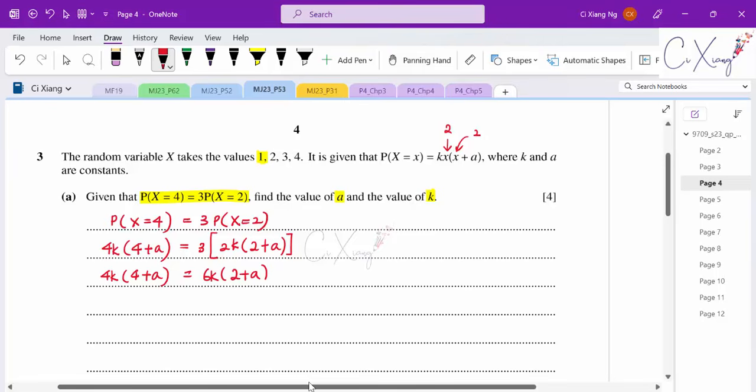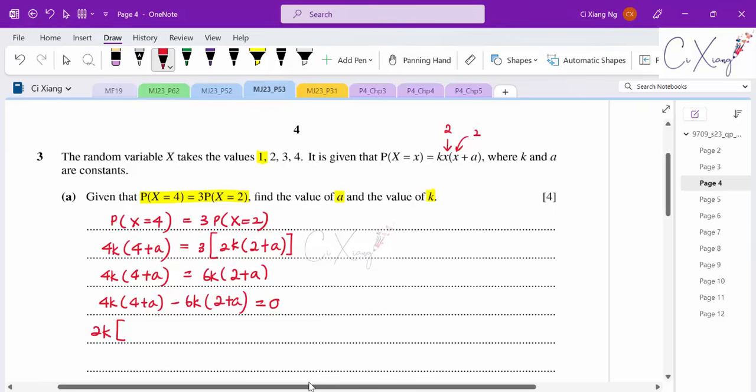Okay, then what I am going to do now is maybe I move all the terms to one side. Of course, if you want, you can expand everything and simplify them, or you can just try to factorize it like me. So I will factorize out the 2k from both terms here.